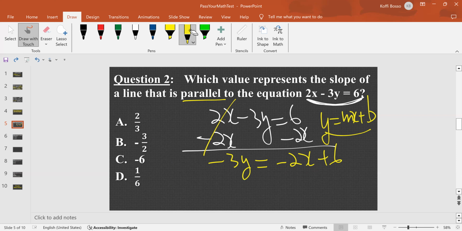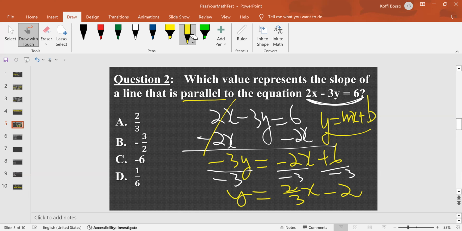So to get y alone, I will divide everything by negative 3. So we have y is equal to 2 over 3x minus 2. Understand that negative 2 divided by negative 3 turns to positive 2 over 3, and the positive 6 divided by negative 3 is negative 2.